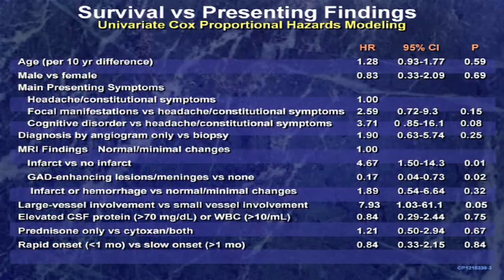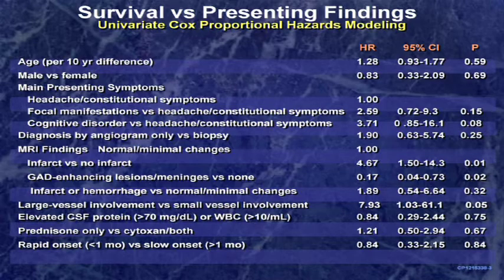Turns out they weren't. And these were univariate Cox proportional hazards modeling. So a hazards ratio of 1 means that the two things that are being compared, there's no difference between them. So maybe the older people were a trifle more likely to have a fatal outcome, but the p-value was negative.